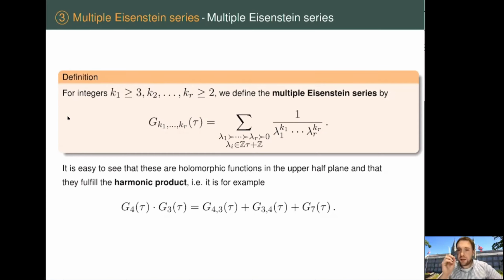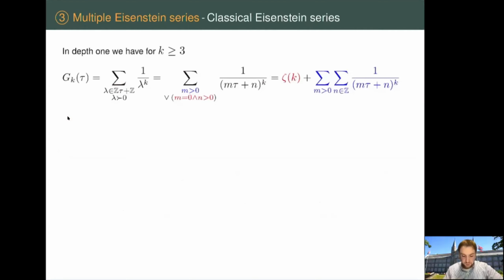Therefore, if I take k to be an odd integer, then the positive and negative parts would cancel out. But here, when r equals 1, I just take half of this lattice, and therefore this sum does not vanish when k is odd. So what I mean is that in def 1, these Eisenstein series are given by this. Now for all k greater or equal to 3 we have a non-vanishing sum.